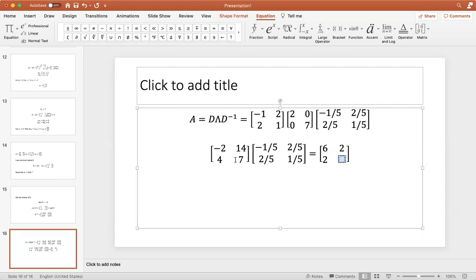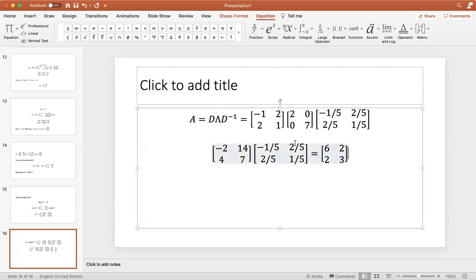And lastly, you have 4 times 2 over 5, that's 8 over 5. And then you have 7 times 1 over 5, and that's 7 over 5. So you have 8 over 5 plus 7 over 5, that's 15 over 5, and that simplifies to 3.